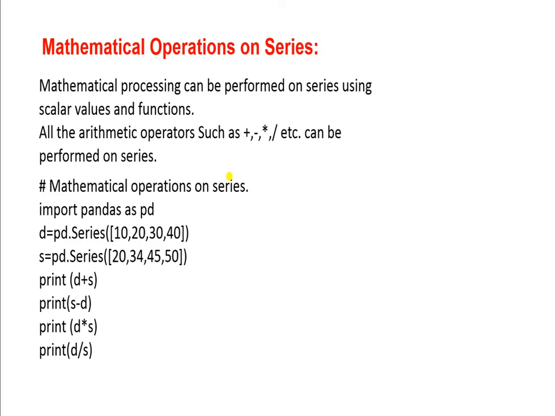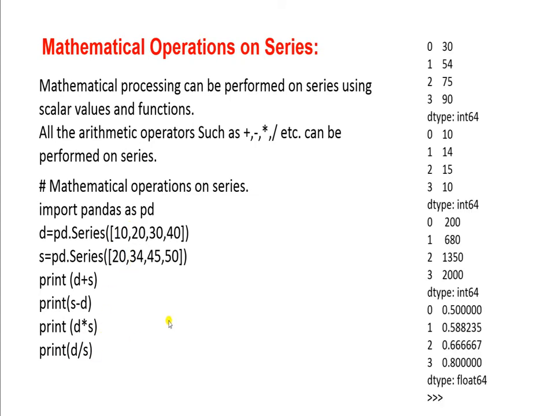First we add these two series. In the second print command we subtract the first series from the second series, in the third we multiply both the series, and in the fourth the first series is divided by the second series. Now you can see the example output.